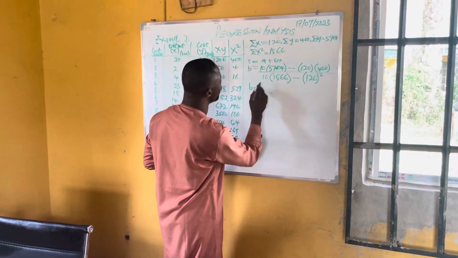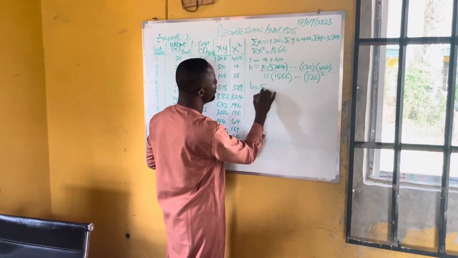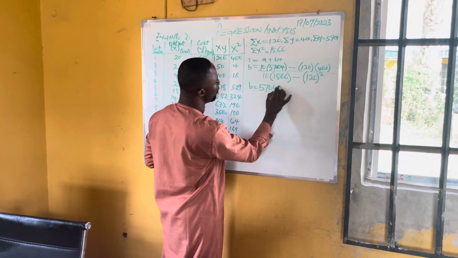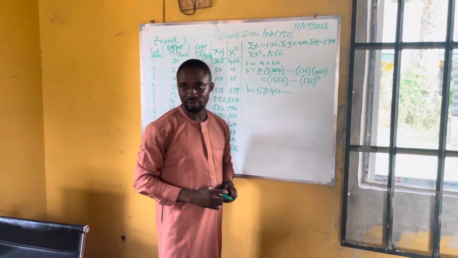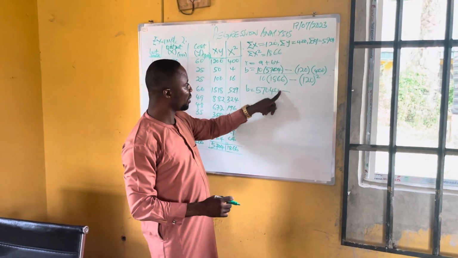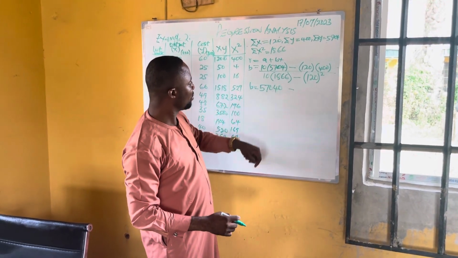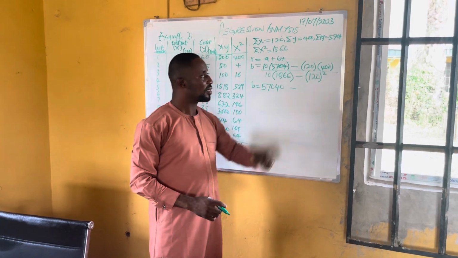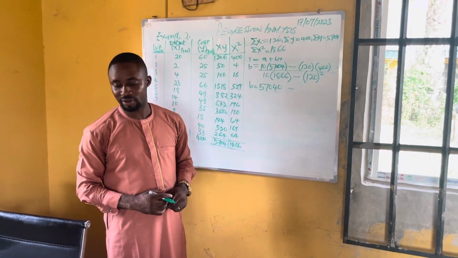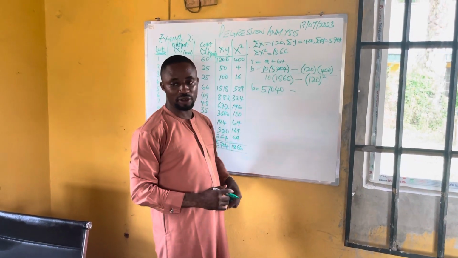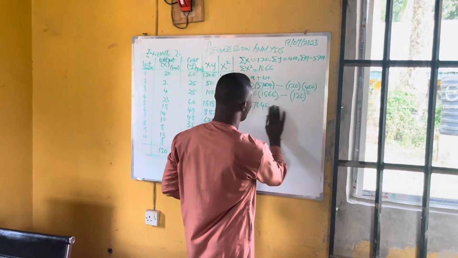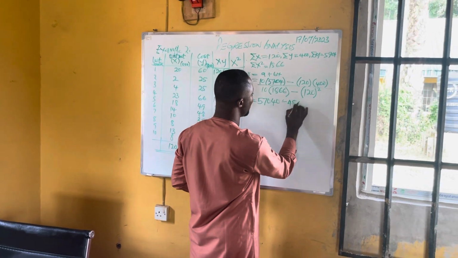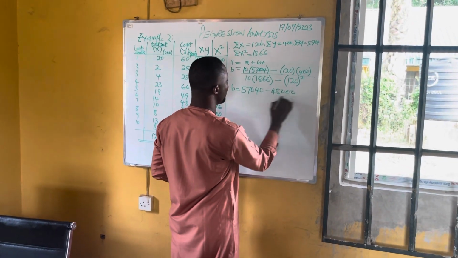So b is equal to 10 times this, which will give us 57,040. Are we there? Minus 120 times 400. Is it 10? Just 10, okay. 120 times 400 is 48,000.